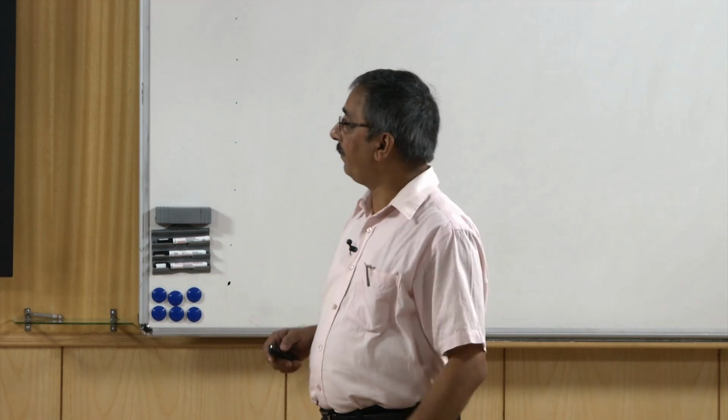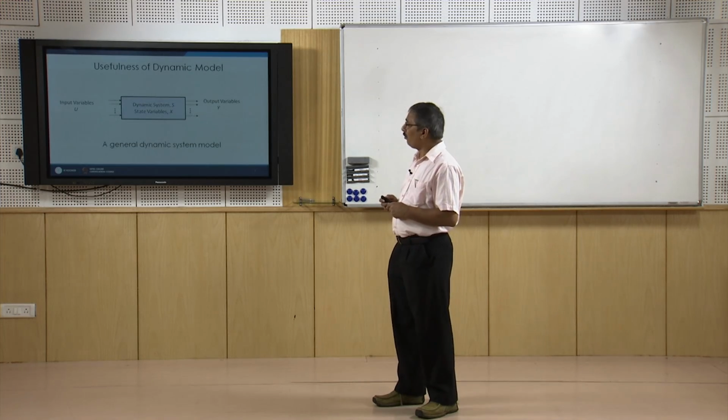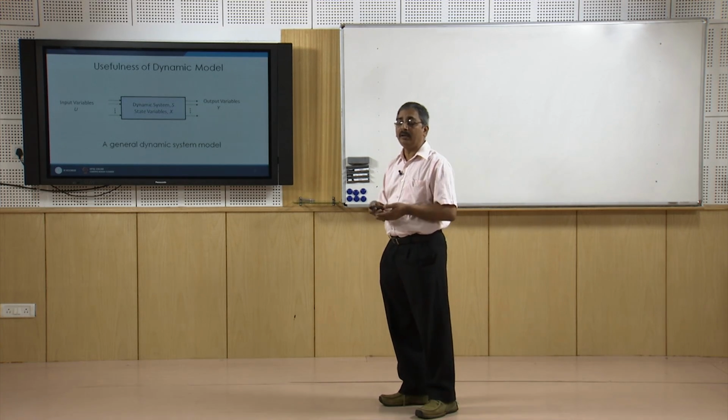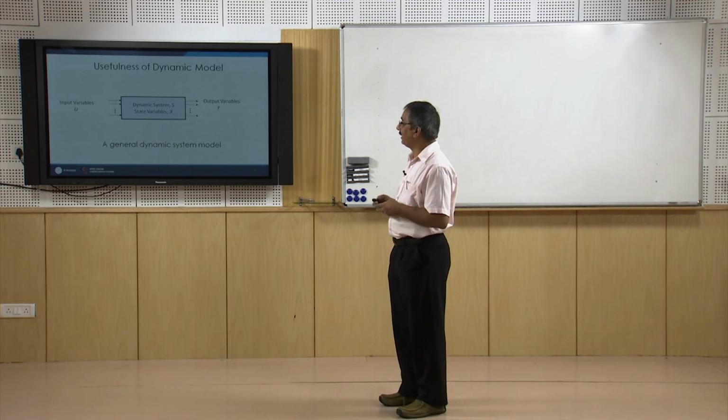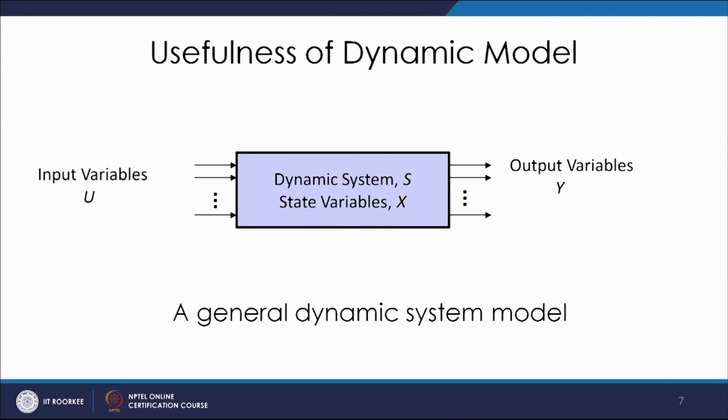Now, the dynamic model which we get, what is the usefulness of these dynamic models, what all we can do with the help of these dynamic models, let us see. So, this figure explains a general dynamic system model.